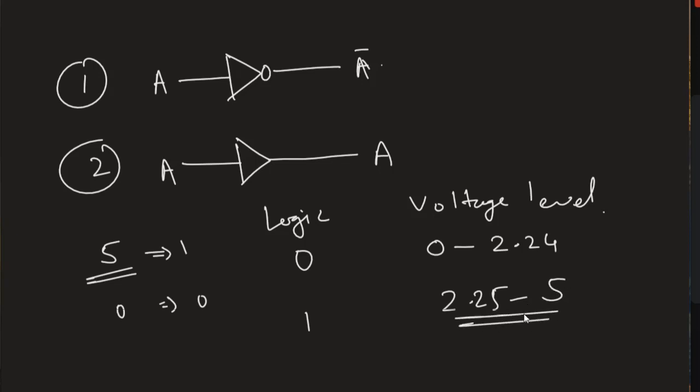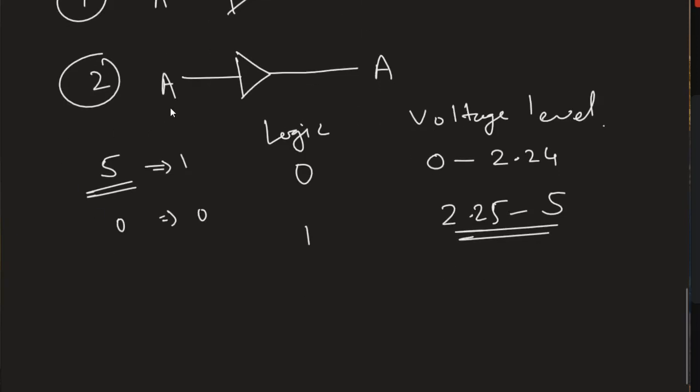Now, when Tevani Karan said to boost the signal, what he might mean is that suppose I have a signal A here with a value of, say, 2.26 volt. As per the logic, it has to be logic 1, but it is very weak. The signal strength is supposed to be 5, but it shows 2.26.